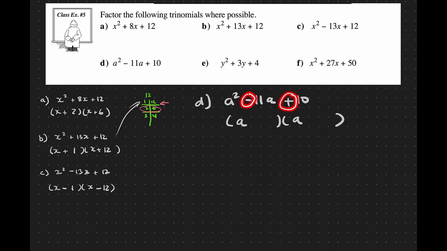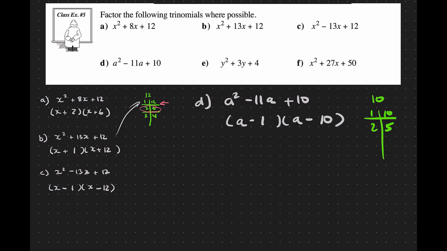They're both negative, so minus, minus. And let's find the numbers that will give us a product of 10. I've got 1 and 10, 2 and 5. And they're going to add together to give us, in this case, 11, which would be those two, 1 and 10. Fill in those numbers.